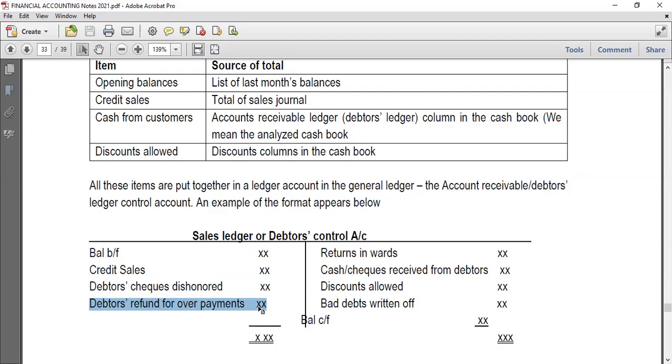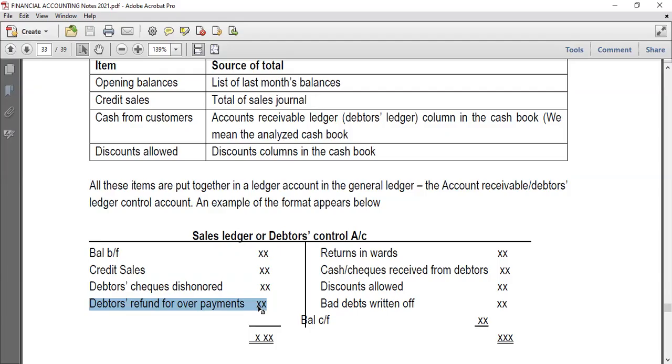So what we are saying is that just in case the debtor had paid us more than what they should pay us, that means we credited more money than what we should have credited their account. In our control account, any debtor's refund for overpayment should be debited because what? It tries to reduce the amount that we had previously credited, okay?